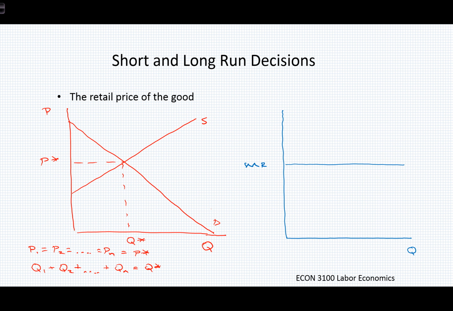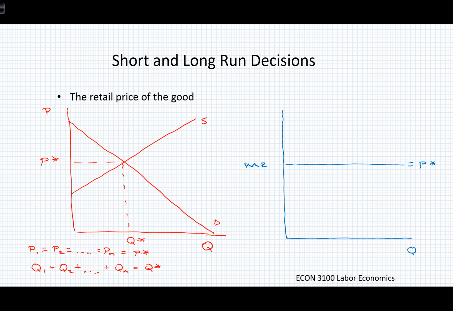And we have to think of that as being flat, because regardless of the quantity of units, the firm is going to simply be able to get P star, the going price in the market, because there are numerous firms that are selling this good. But we recognize that that does equal P star.